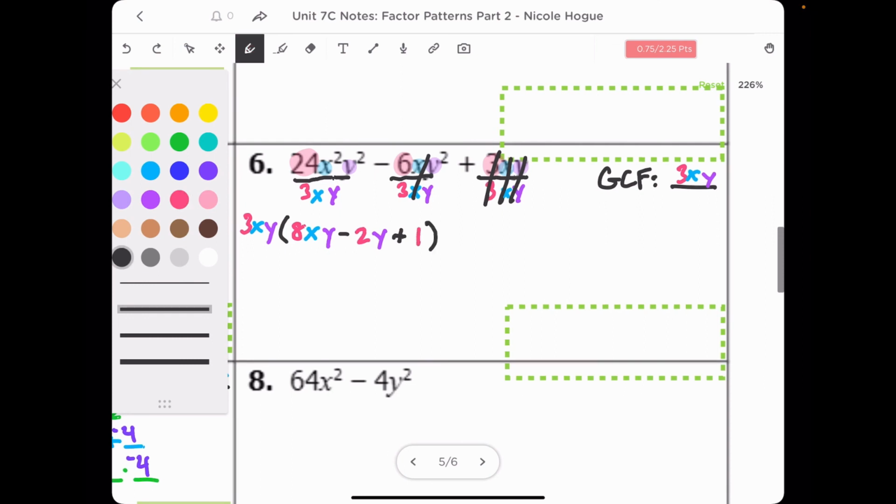Looking at that, guys, I will go ahead and tell you there is nothing else that we could do here to factor this. It would be different if we were in the form of ax squared plus bx plus c, but we're not in that form, so that there is your factor.